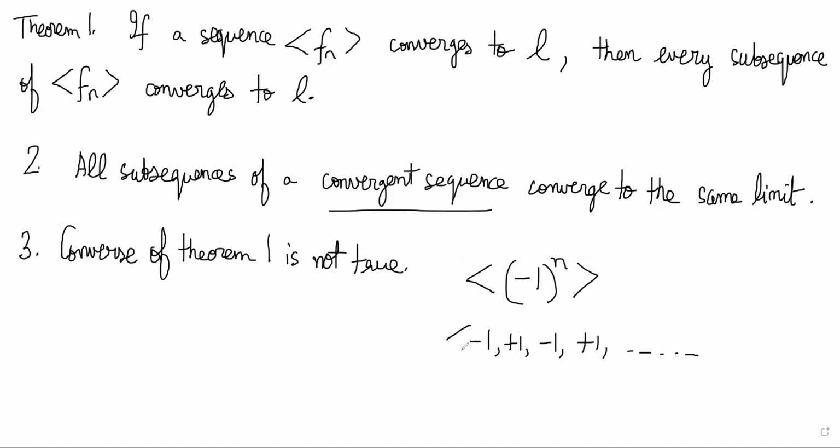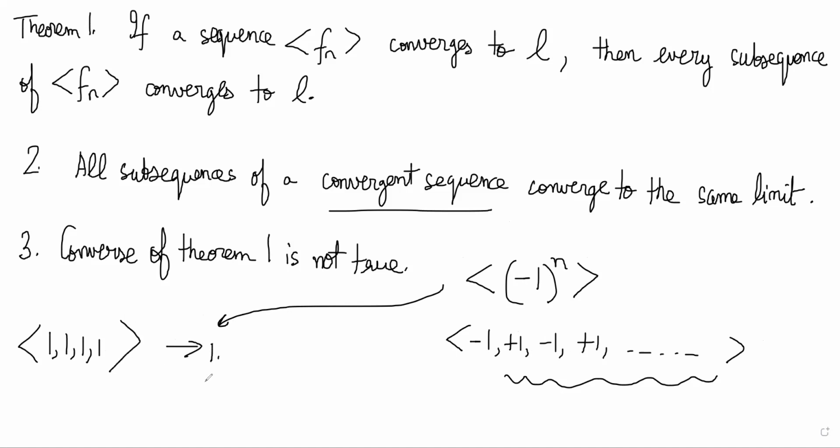It will diverge. This sequence clearly has no limit, it doesn't converge. However, there is a subsequence inside it, which is just 1, 1, 1, 1. That converges to 1, but that doesn't mean that the overall sequence will converge to 1. The converse is not true. A convergent subsequence does not imply the sequence will converge. The opposite is true: if the sequence converges, then the subsequence will converge.